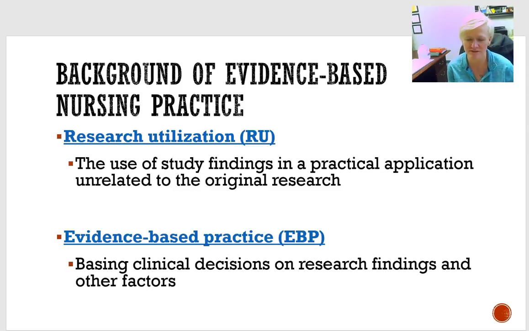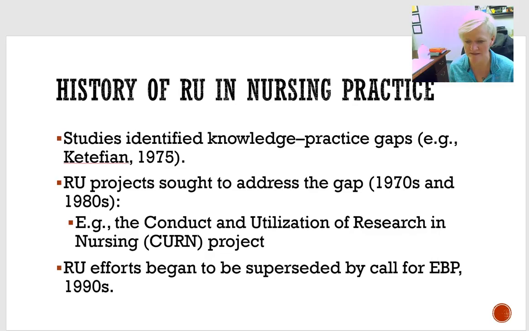So they would use research intended for one thing and try to move it to something else and use it. From that, it kind of evolved eventually into evidence-based practice. And so evidence-based practice, as you can see on the slide, is basing your clinical decisions on research findings and other factors. So they're related, and like I said, research utilization kind of evolved into evidence-based practice.